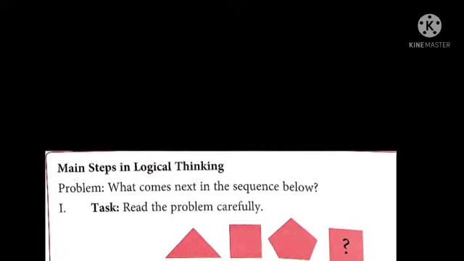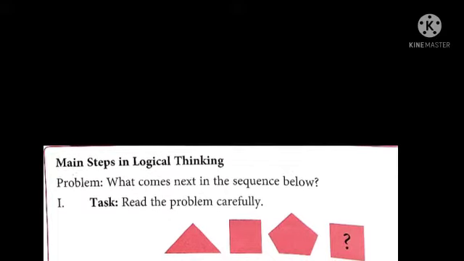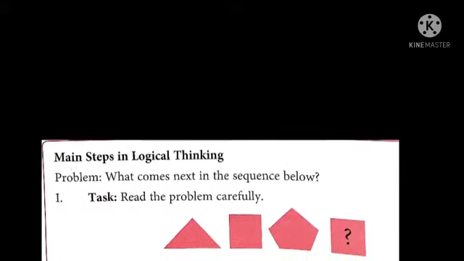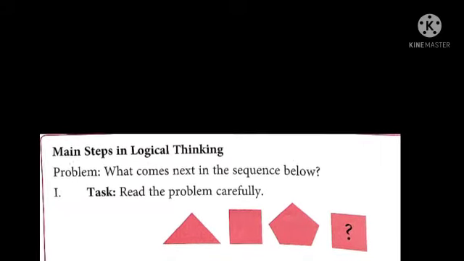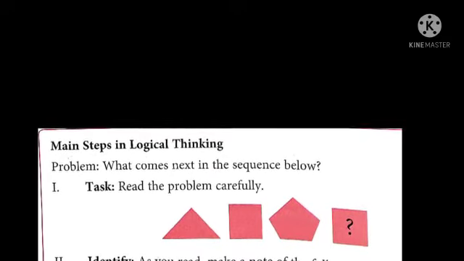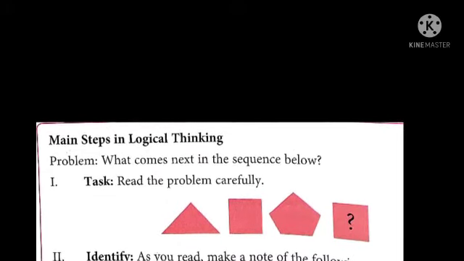Here, you are able to find out that all these figures are geometrical shapes given in the sequence. In this sequence, the first shape has 3 sides, the second shape has 4 sides, and the third shape has 5 sides. So this is the information available from the given problem.